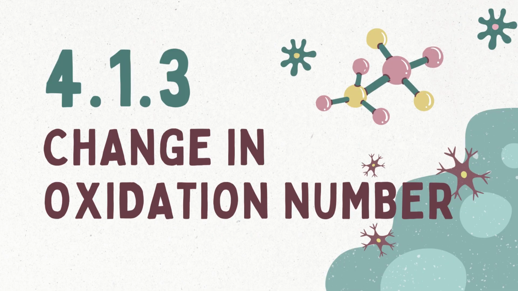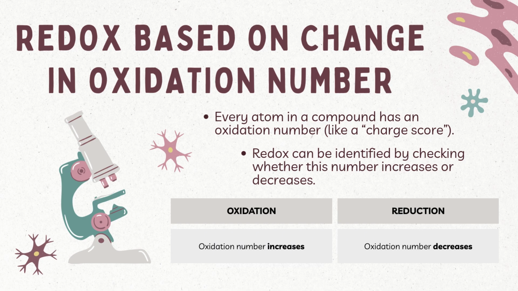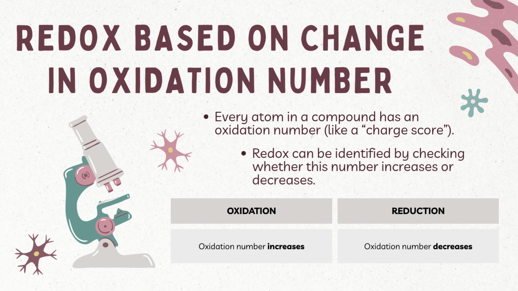Change in oxidation number. Redox is based on change in oxidation number. Every atom in a compound has an oxidation number. It's like a charge score. Redox can be identified by checking whether this number increases or decreases.